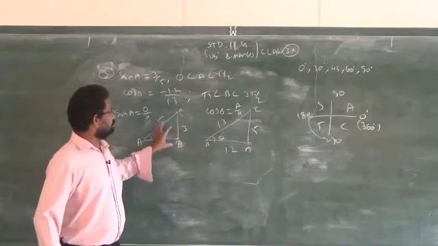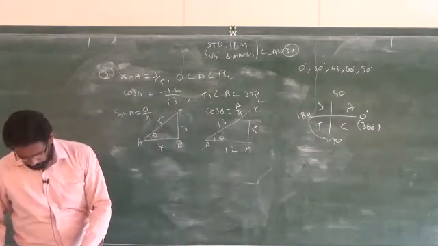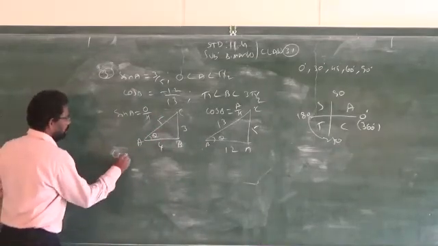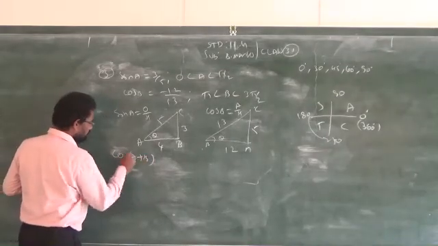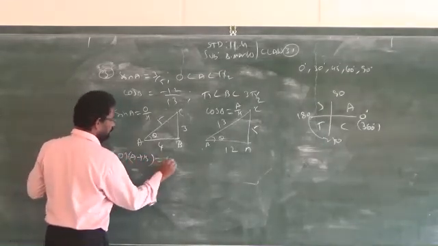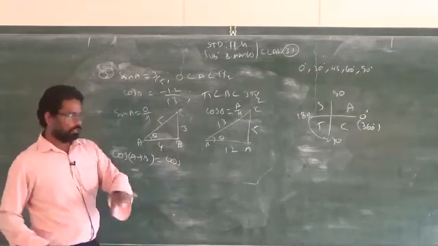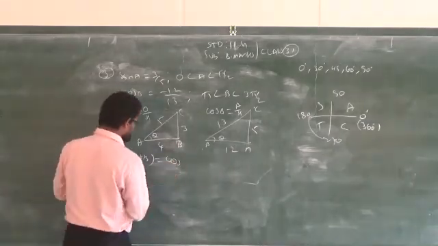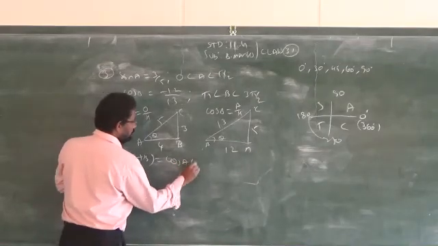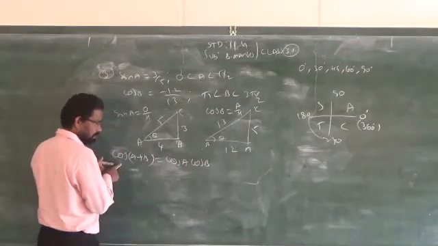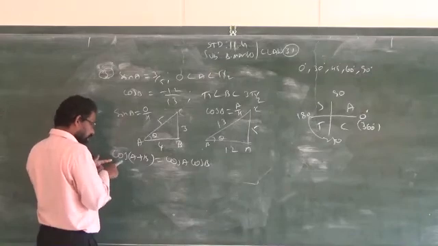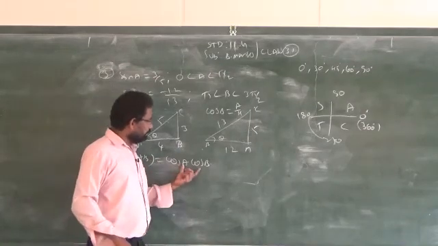Once I know the sides of the triangle, I can easily use the cos A plus B formula. What is the formula for cos A plus B? Cos means the product of the same ratio with a combination of plus or minus depending upon the sign. Cos A cos B, the same ratio.